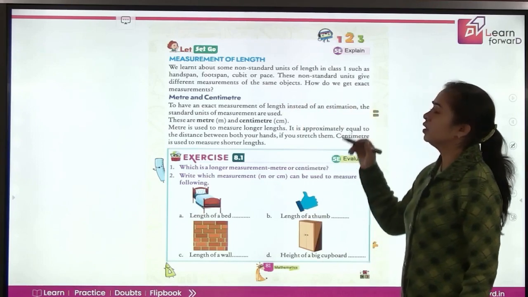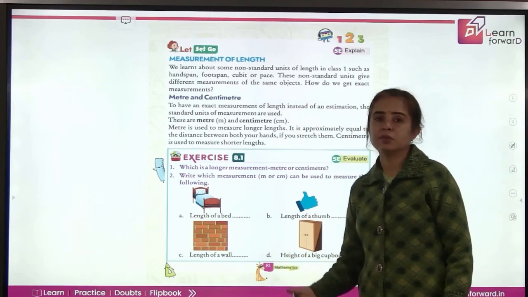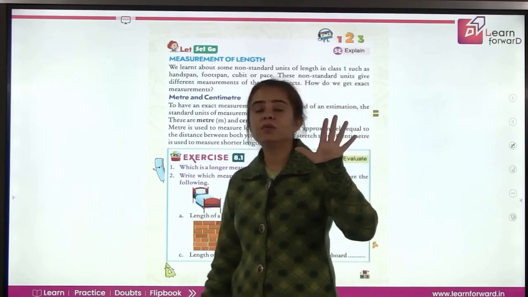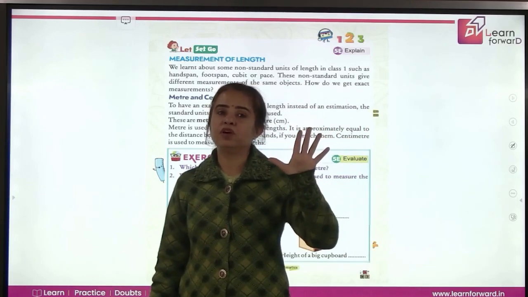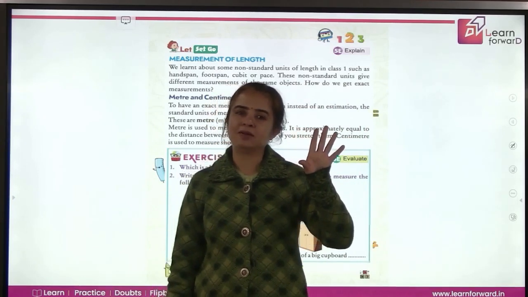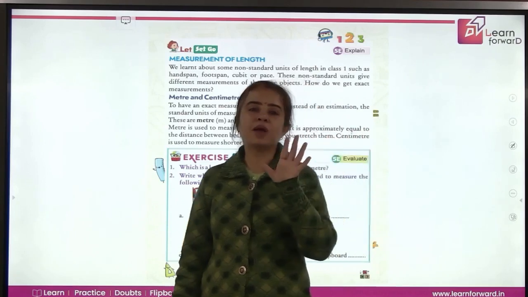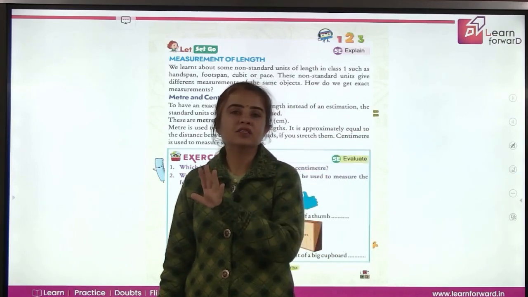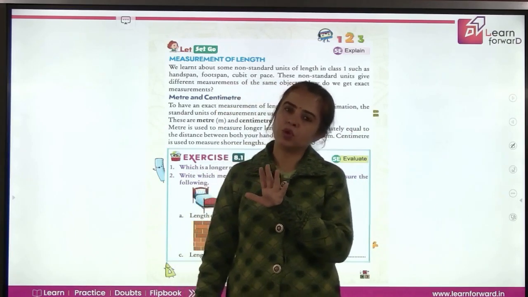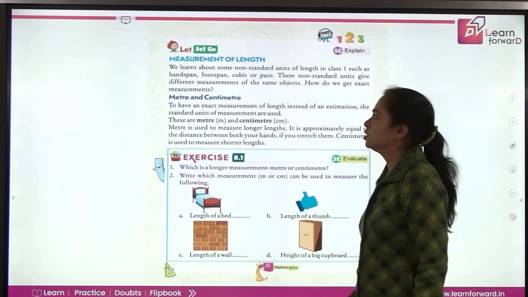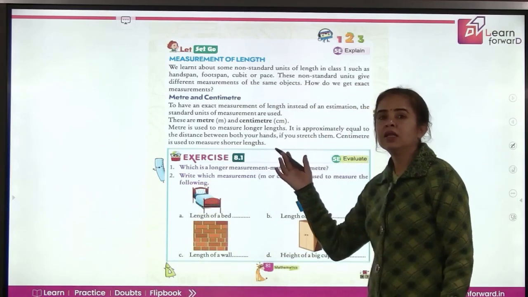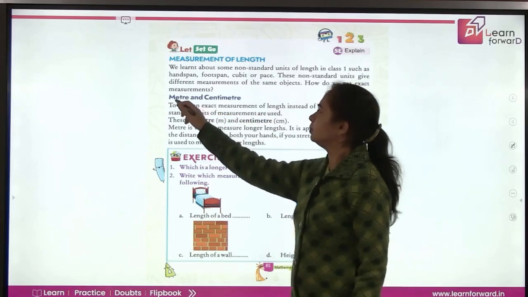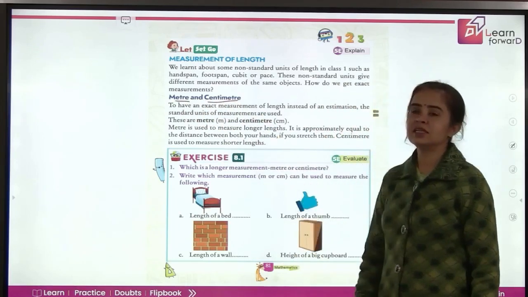Non-standard units give different measurements, because if I measure something with my hand span, it will be different because you have got a smaller span. So you will be counting more spans, I'll be counting less. So will that be justice? No. So we have some standard units for measuring length, and these standard units are meter and centimeter.